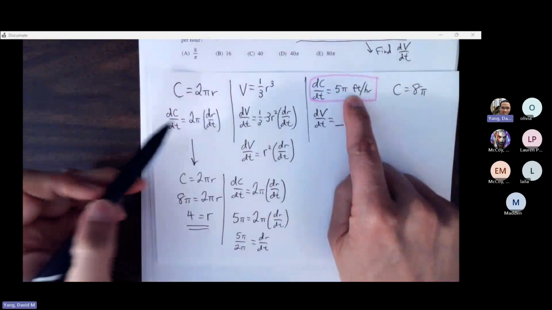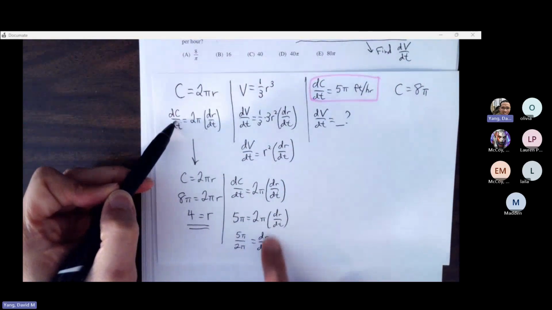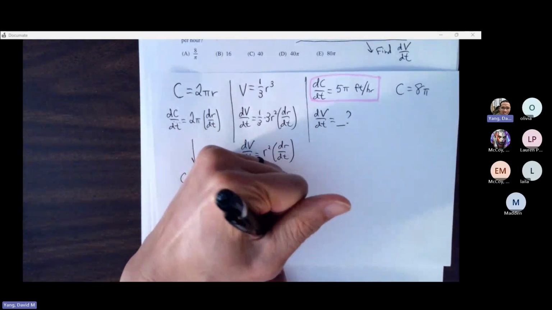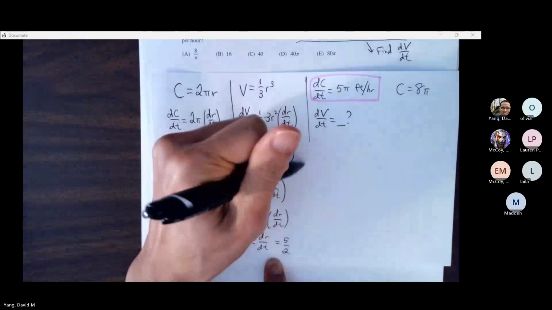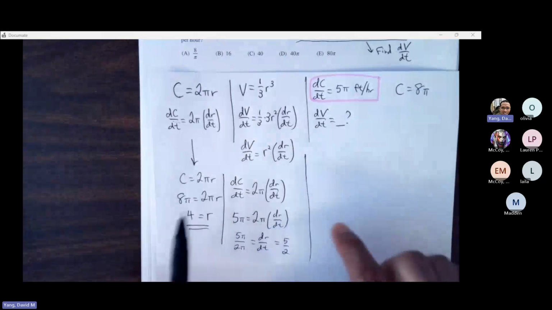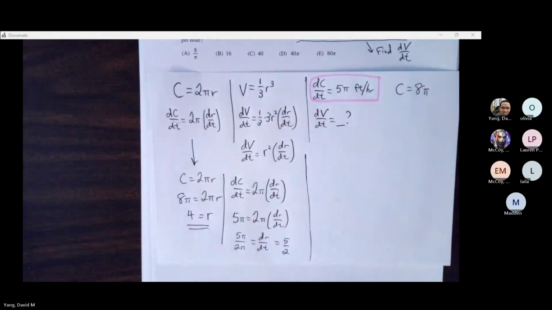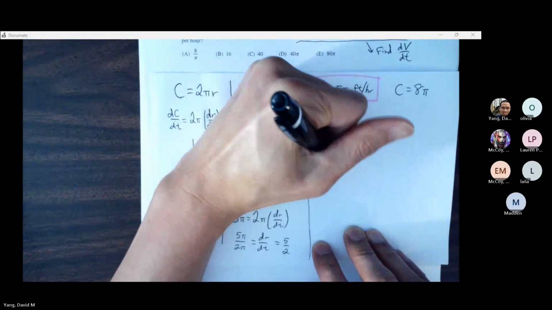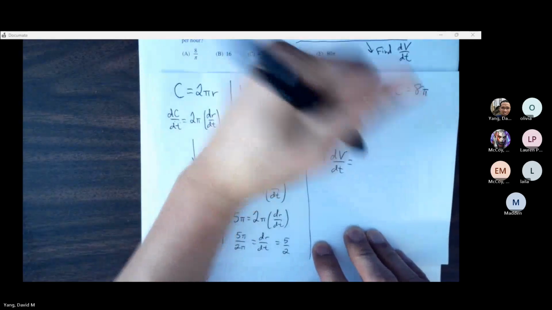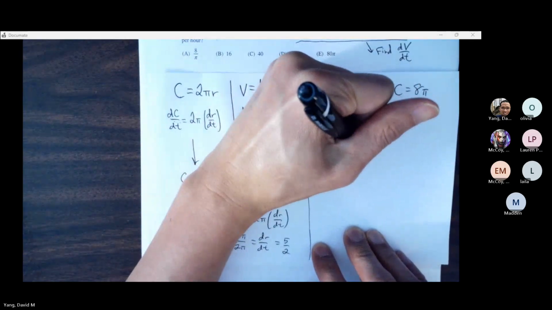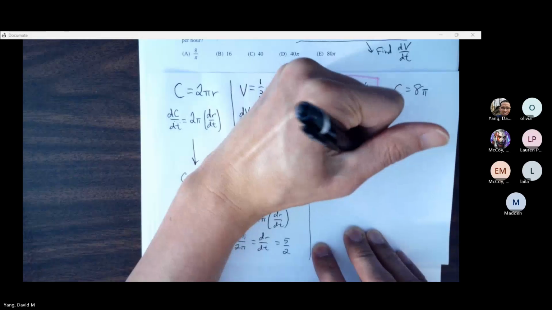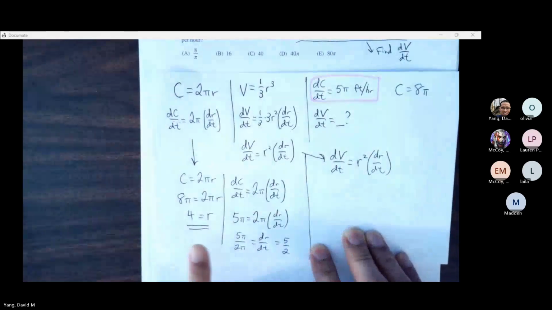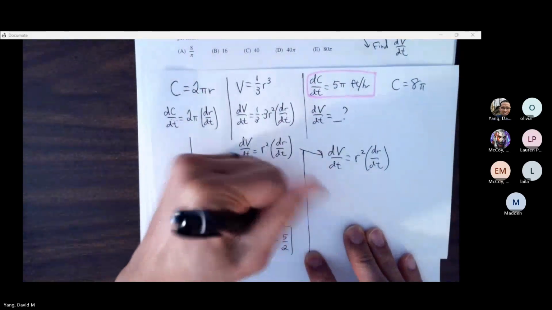So plug in dc dt in for 5 pi. I can solve for dr dt. dr dt equals 5/2. So now everything that we need is in front of us. We have the r value.